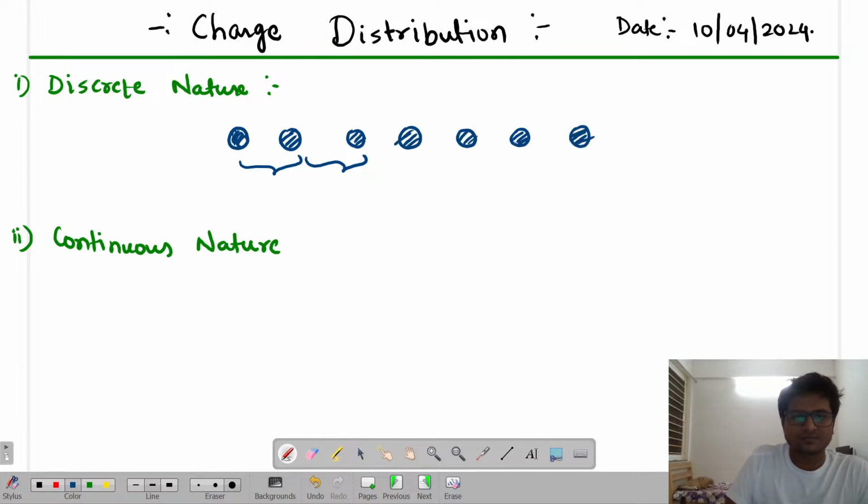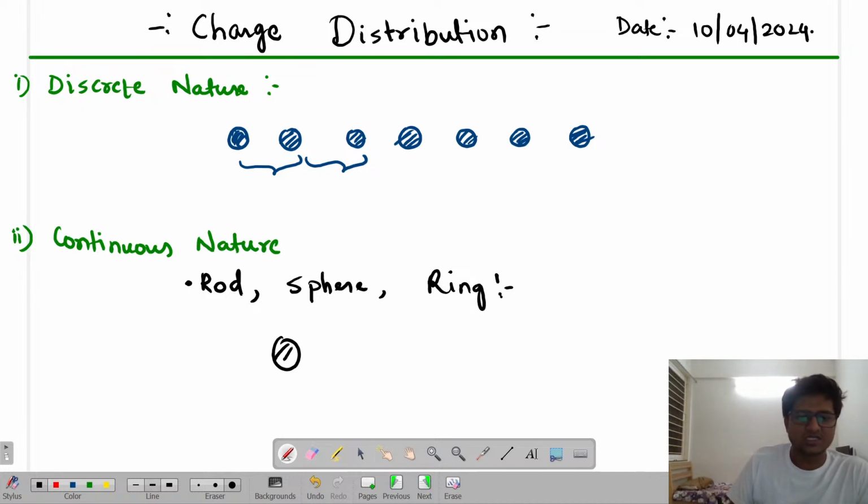But then there are cases like if you consider a rod, a sphere, or let's suppose a ring, all these bodies in which the particles are very closely placed, isn't it?